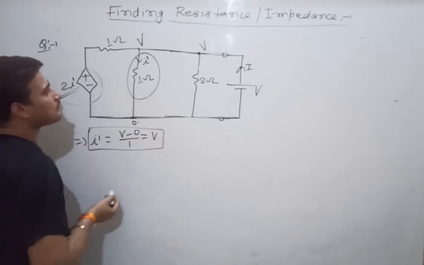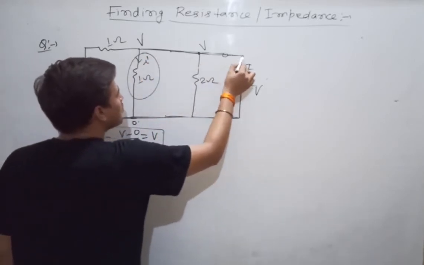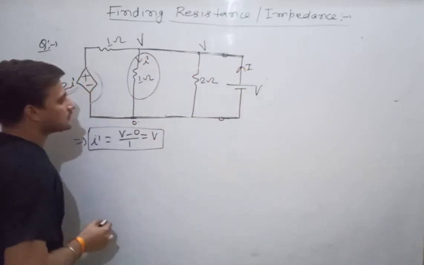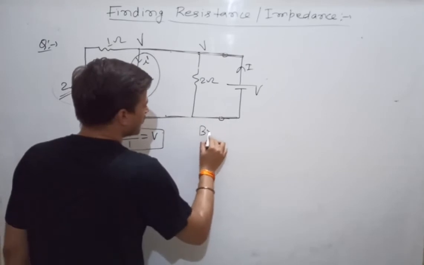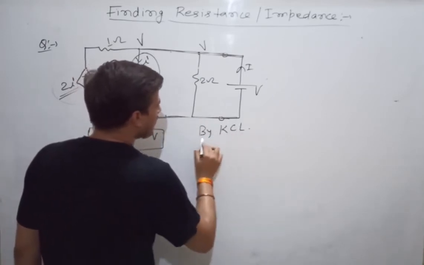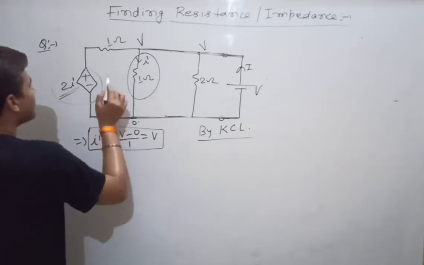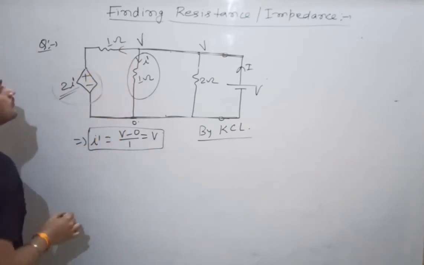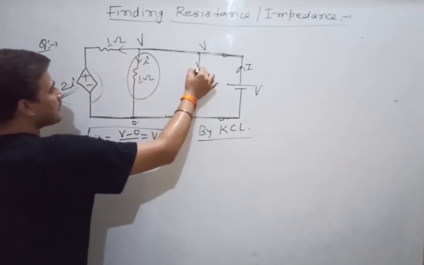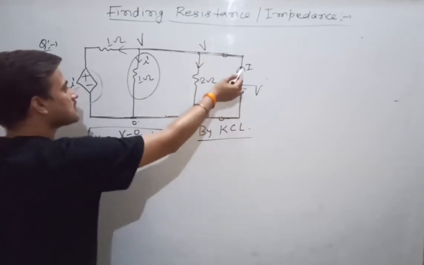Next, these three nodes are a common node, so apply Kirchhoff's current law at this node. Let us assume this current is coming out, this is also coming out, and this is the incoming current.